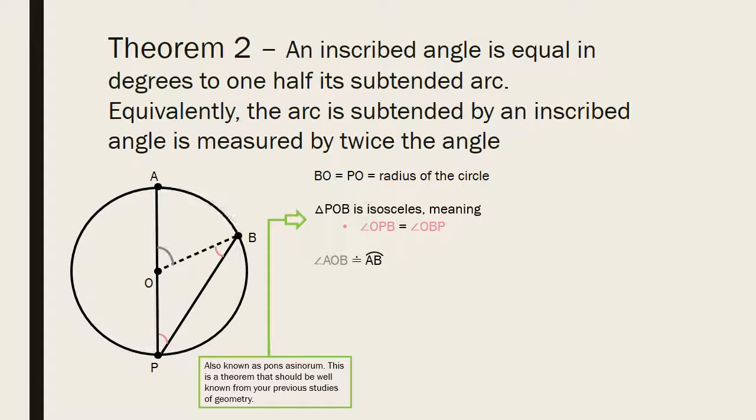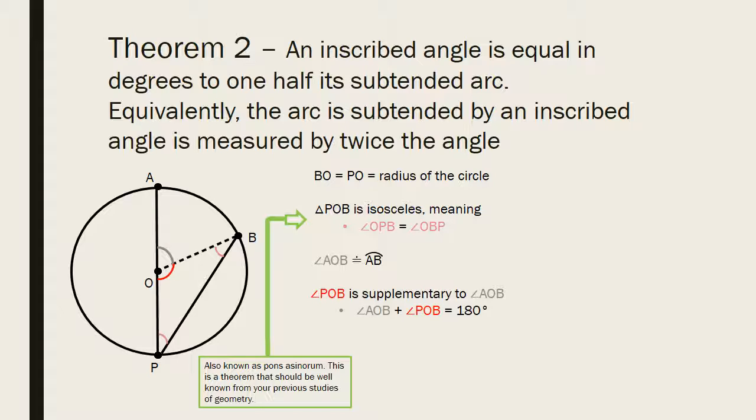Now, we can see that angle POB is supplementary to angle AOB, which means that they add up to equal 180 degrees. So we also note that the angles in triangle POB must add up to be 180 degrees.